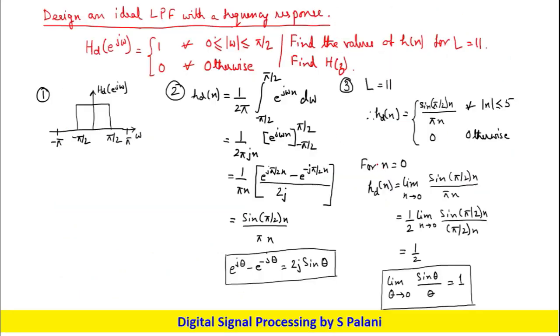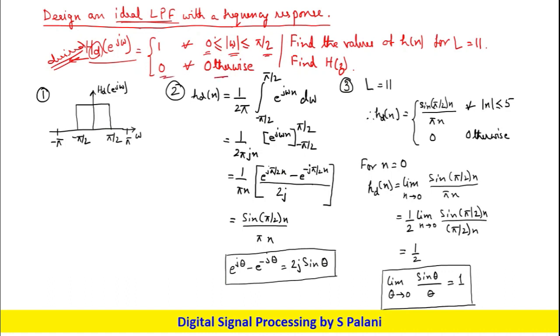Okay. So let's look into one of the examples. The first example is: design an ideal low pass filter with a frequency response given by H_d(e^(j omega)), where D stands for desired frequency response, which is given by 1 for modulus of omega varying from 0 to pi by 2 and 0 otherwise.